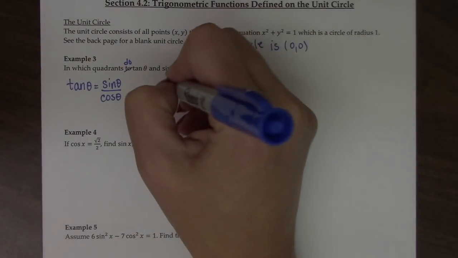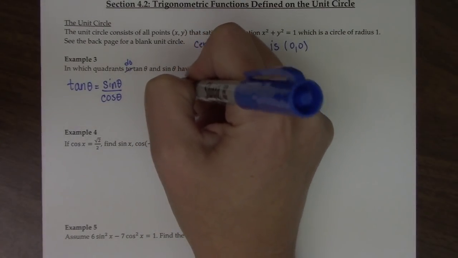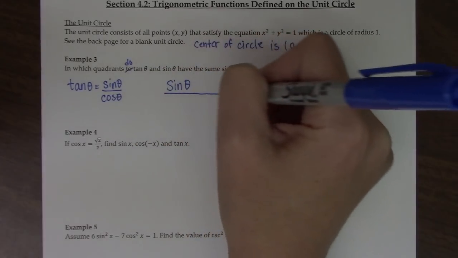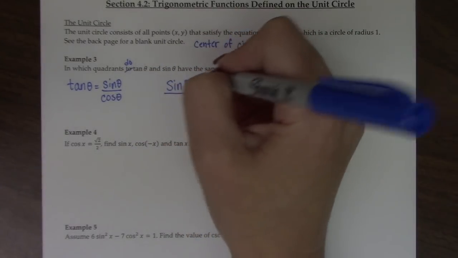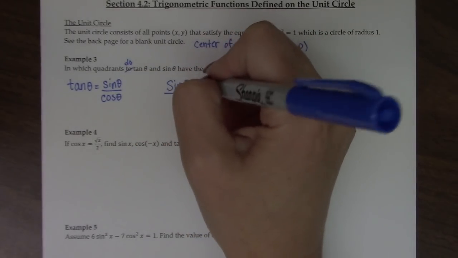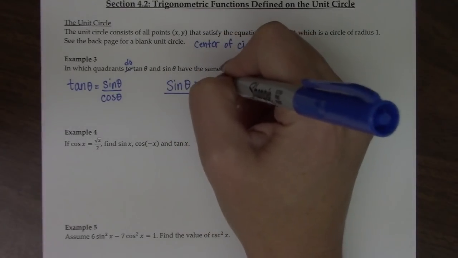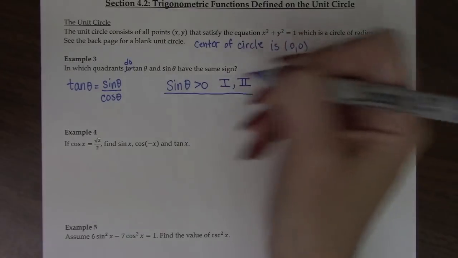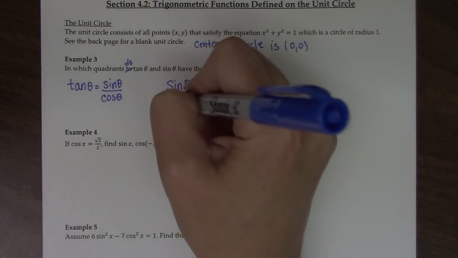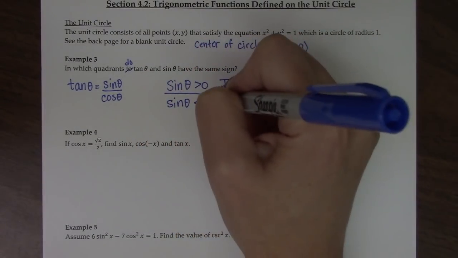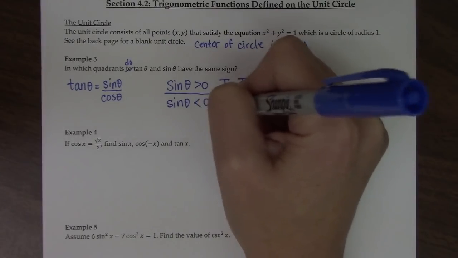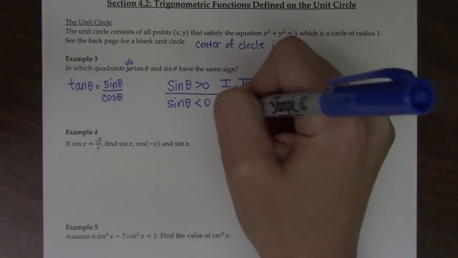So sine theta is going to be positive in quadrants 1 and 2, and sine theta is negative in quadrants 3 and 4.